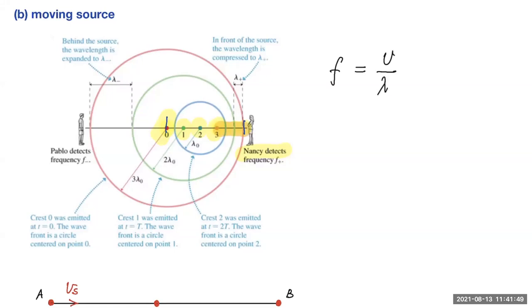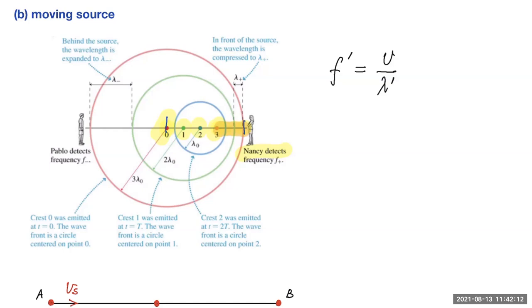But that's the frequency of the original, emitted by the source. The frequency heard by Nancy depends on the wavelength of the wave that reaches her ear. That's lambda prime. As we saw, lambda prime is shorter than lambda because the waves get squeezed as the source moves towards her.